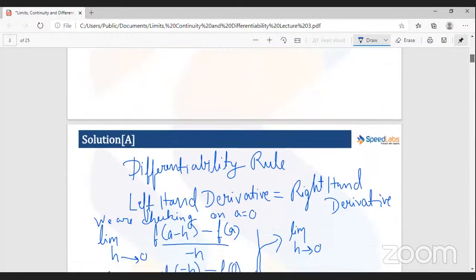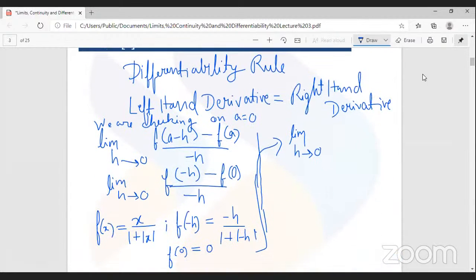I'm checking the differentiability at 0. So f of minus h is minus h upon 1 plus mod of minus h, minus 0, upon minus h.